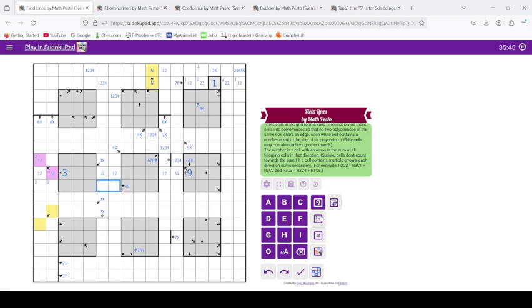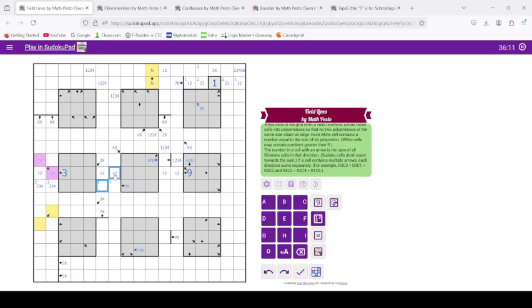Which means one of these is a 1. This is 2, 3, or 4. Whatever the 1 is, 1 cannot go here.